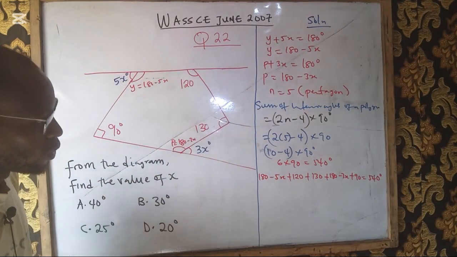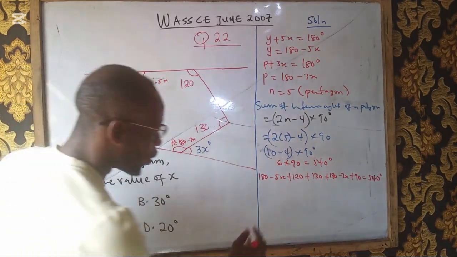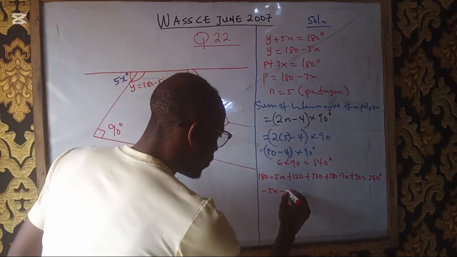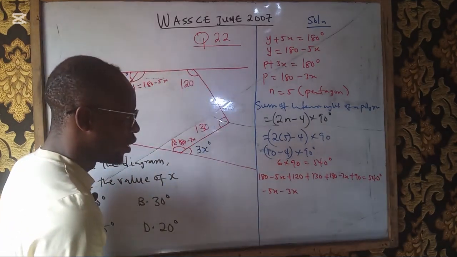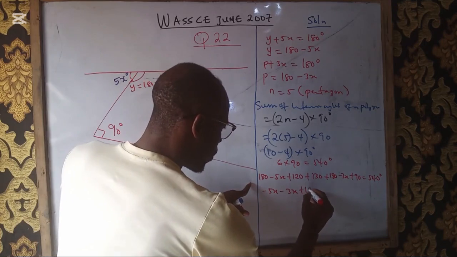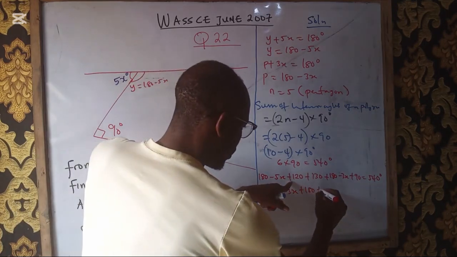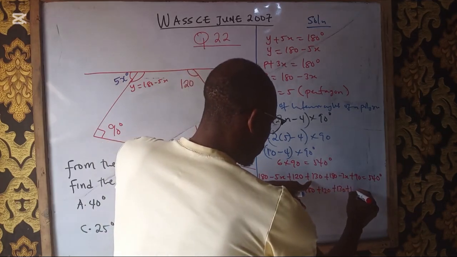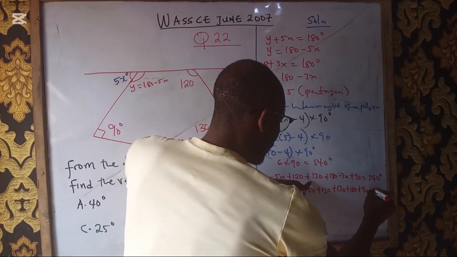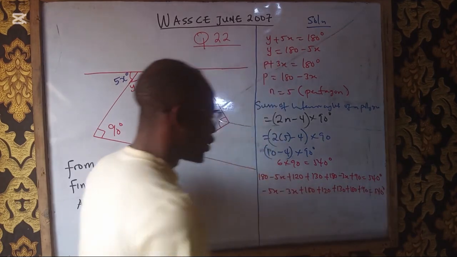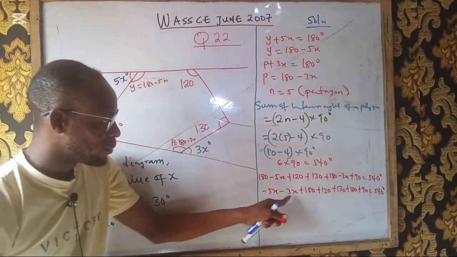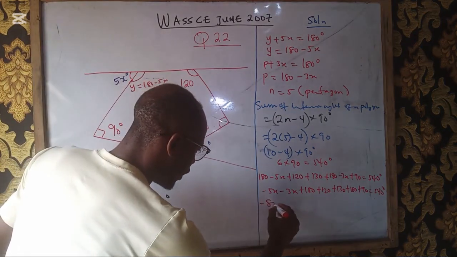Then in this case, you collect like terms. So you are going to have minus 5x and minus 3x coming together, then plus 180 plus 120 plus 130 plus 180 plus 90, everything still equals 540 degrees. I'm collecting the like terms one after the other. So minus 5x minus 3x will give us minus 8x.